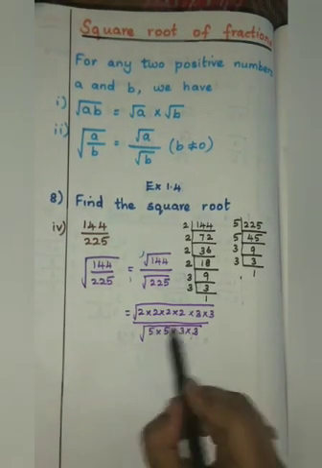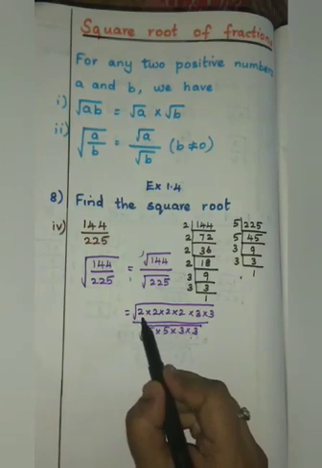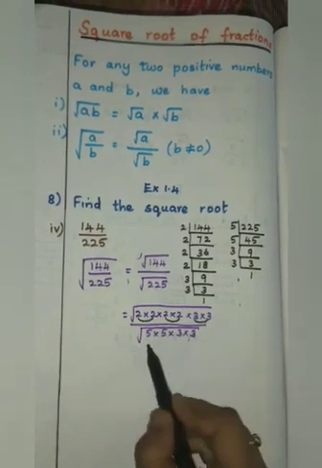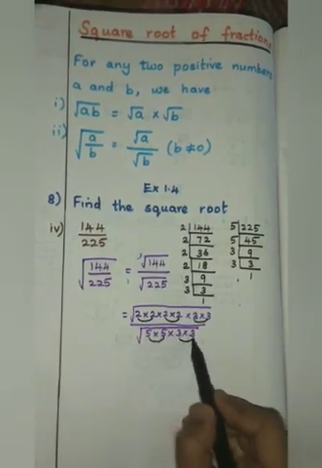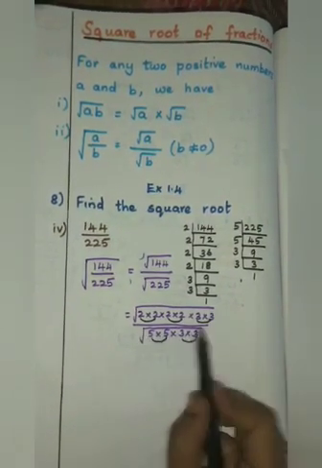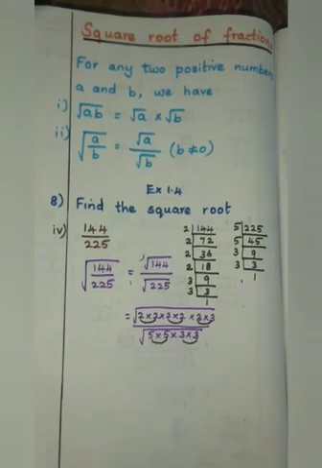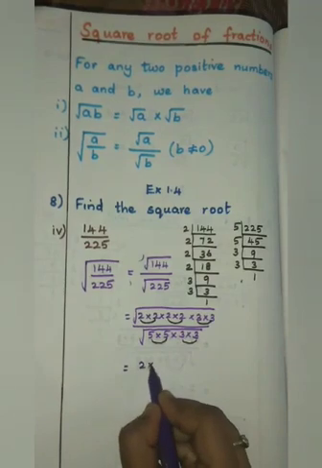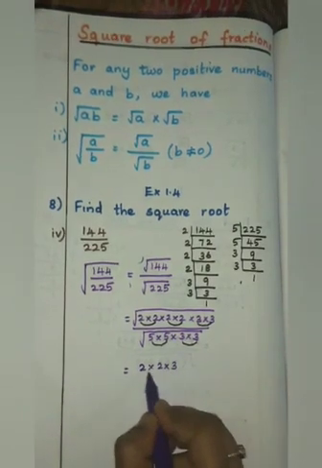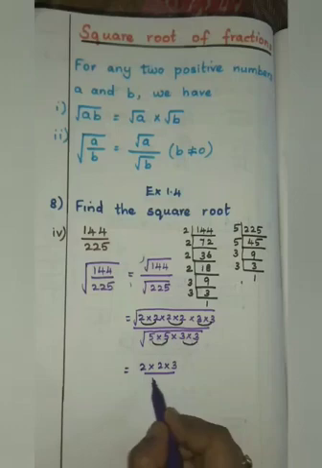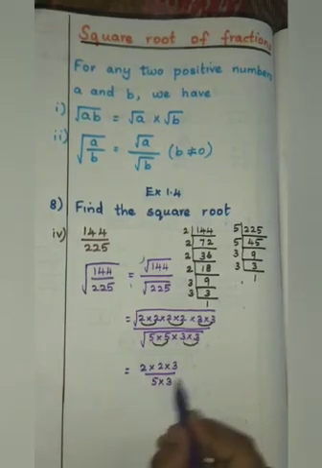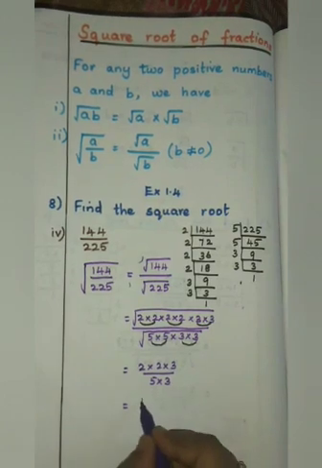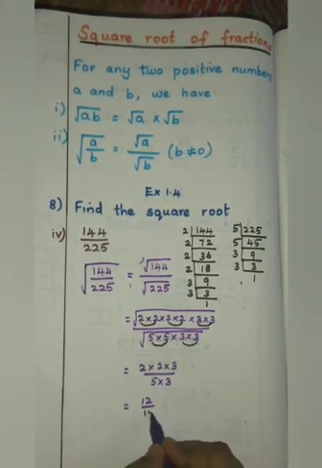Now group the identical factors in pairs. In order to remove the square root symbol, you take 1 from each pair and write it in the next step. 2 into 2 into 3 by 5 into 3. Now multiply and find the answer. 2 into 2, 4, 4 into 3, 12. 12 by 15.